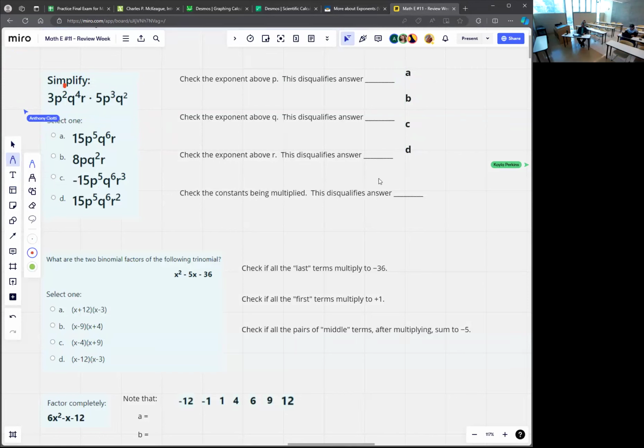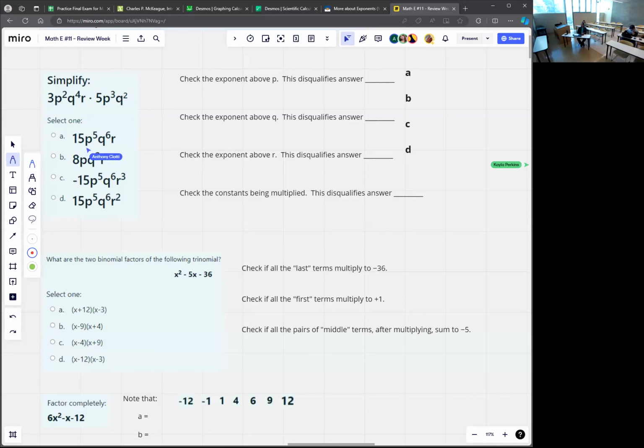So if we have a P squared times a P cubed, do we add or multiply the 2 and the 3? We add them, so your answer should have a P to the 5th.